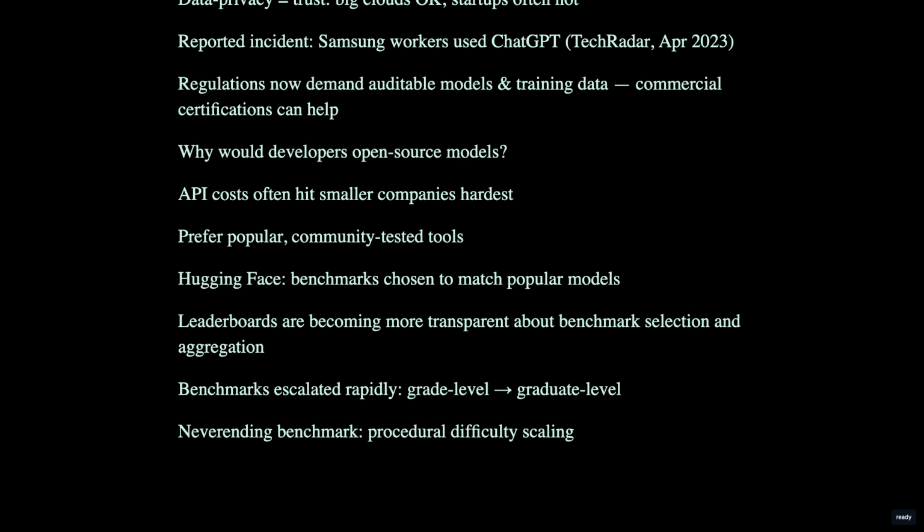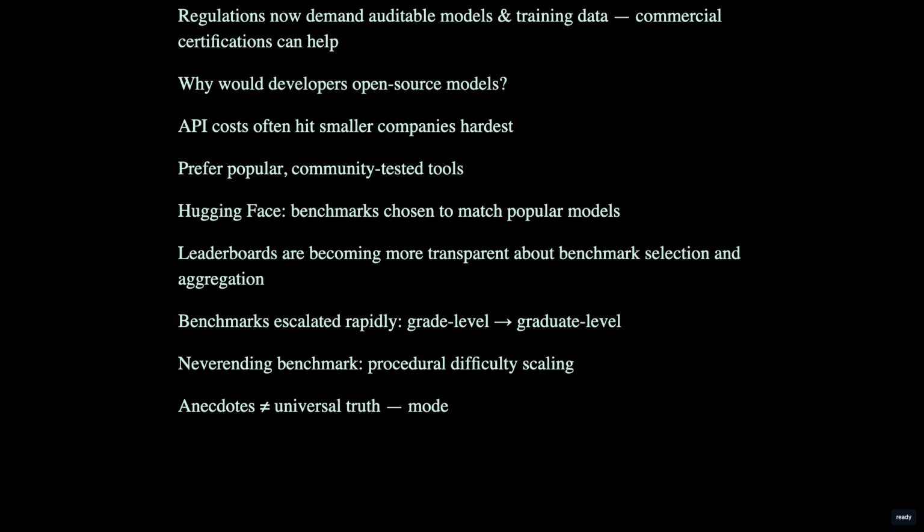As models master current tasks, the system procedurally generates new, harder problems. This keeps evaluation continuous and pushes models to generalize, but it also demands careful design so problems stay valid, diverse, and appropriately calibrated. Reading other teams' experiences is useful, but treat them as anecdotes, not guarantees.